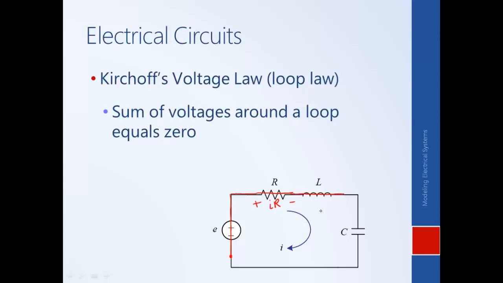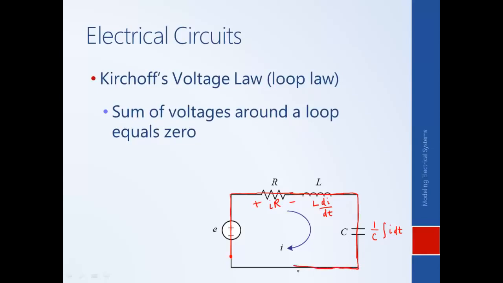Then we continue. The voltage that drops across the inductor is proportional to the rate of change of the current. So the drop in voltage will be equal to L times di/dt. And then finally, we go across the capacitor. And so the drop across that capacitor is proportional to 1 over C and the integral of the current, or the amount of charge that's accumulated in the capacitor.